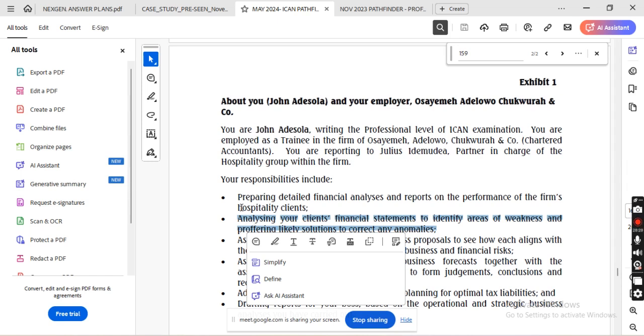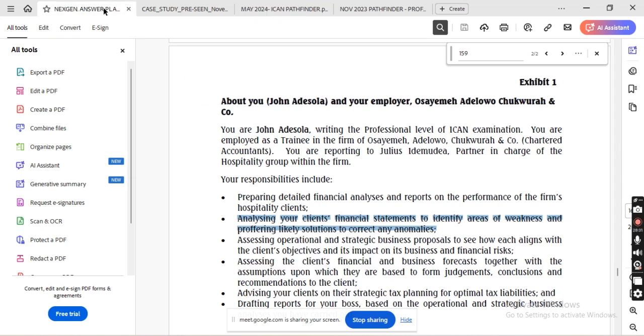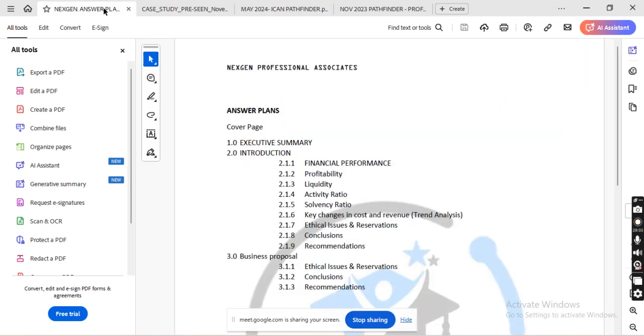That is why we have answer plans at NetGem that will guide you: when you do your financial analysis, this is what you need to do. You can see on my screen that you have answer plans: a cover page, then an executive summary, introduction, financial performance, ratios, conclusion and recommendation.